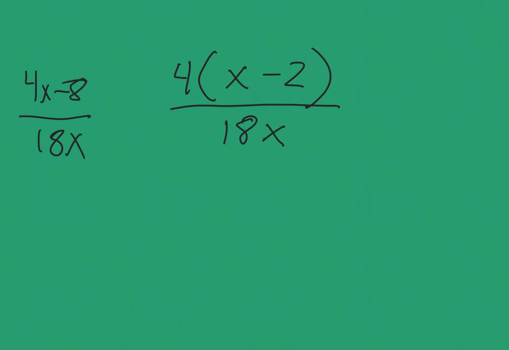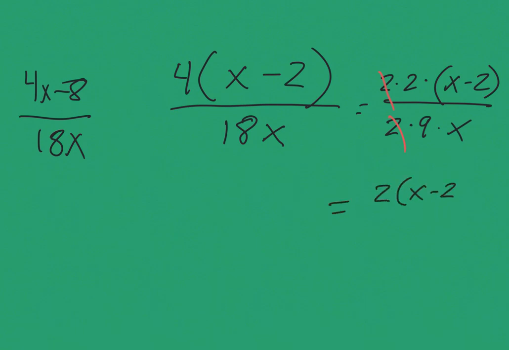So I'm going to rewrite this as 2 times 2 times x minus 2 in the denominator, 2 times 9 times x, reduce, reduce, leaving me with a final answer of 2 times x minus 2 all over 9x, and then I could actually distribute that out and have 2x minus 4 all over 9x.